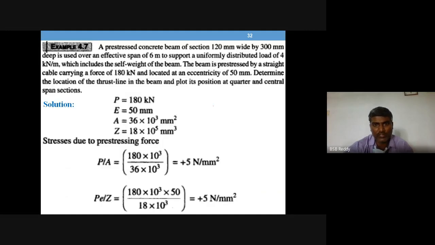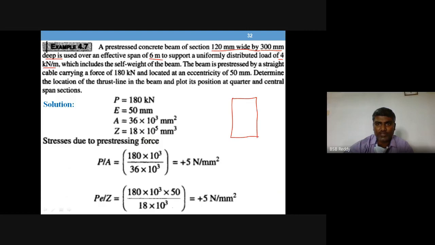Okay, now let us see another example where we have, for the same case of same cross section, same span, a pre-stressed concrete beam of 120 mm wide and 300 mm deep, similar cross section, of span same 6 meters to support UDL 4 kilonewton per meter, also same.